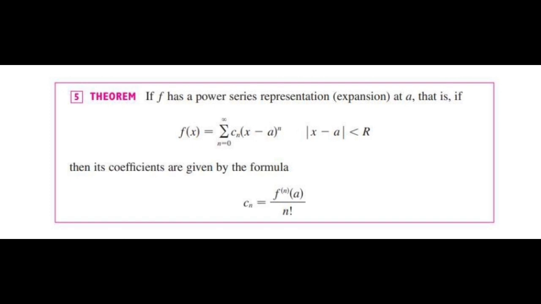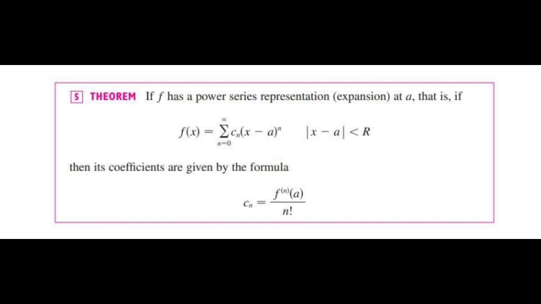If f has a power series representation or expansion at a, that is, if f of x is equal to the summation of c sub n times (x minus a) raised to n, for the absolute value of x minus a less than r, then its coefficients are given by the formula c sub n equals f raised to n of a over n factorial.